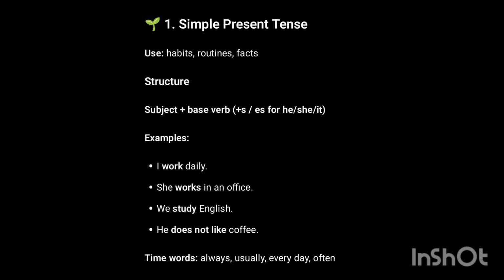In positive sentences, we use subject plus V5. We will not use does in positive sentences. We use it in negative sentences only. That's why I insist that after does we have to use V1 base form. That is the rule. And for I, you, we, they it is simple: subject plus do not plus V1.